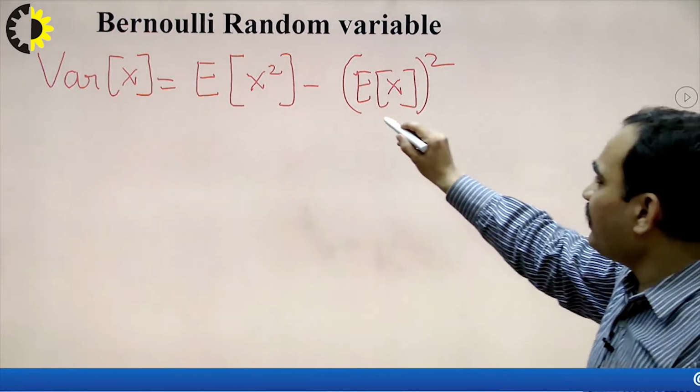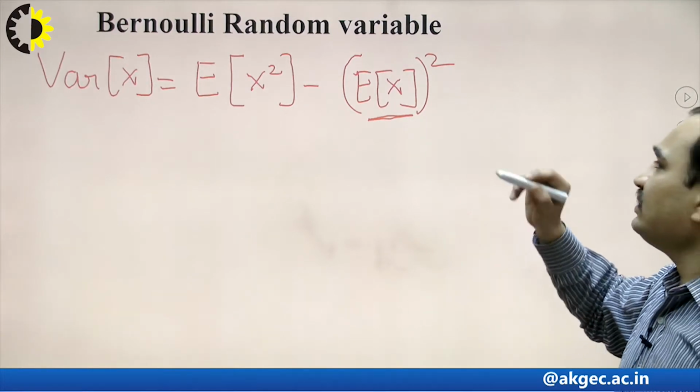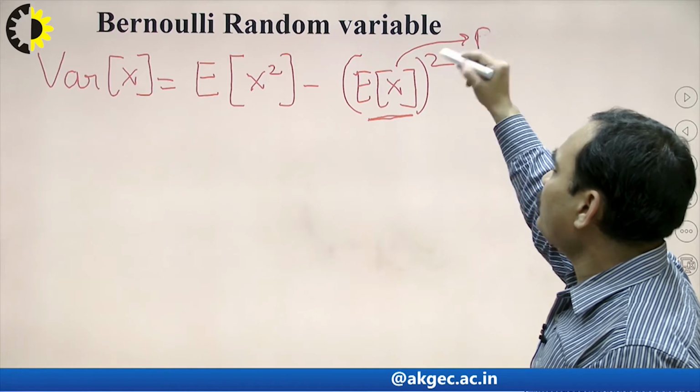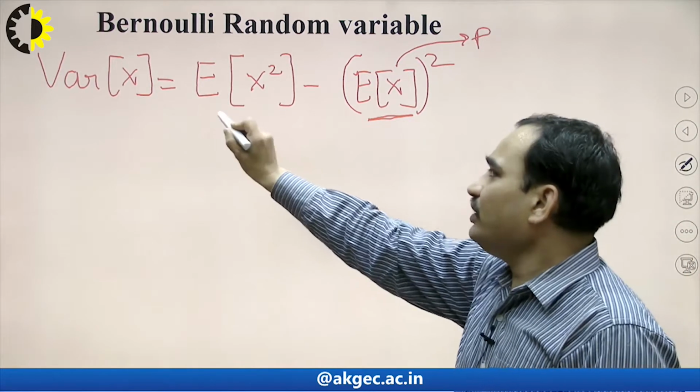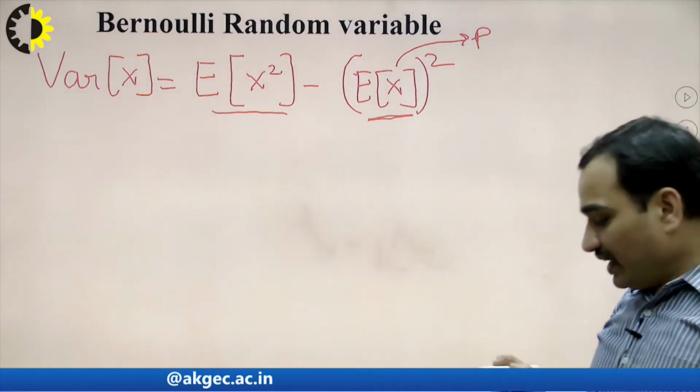We have the expected value of x, that is p, so this is already solved. What we have to solve is the expectation of x square.